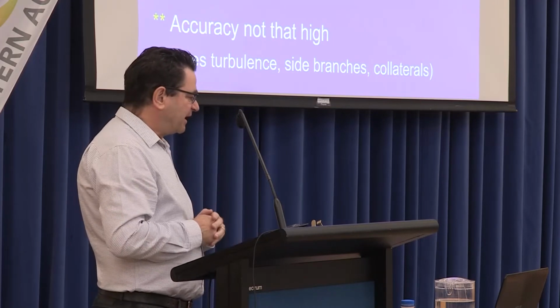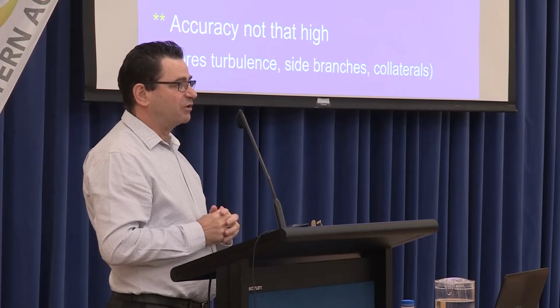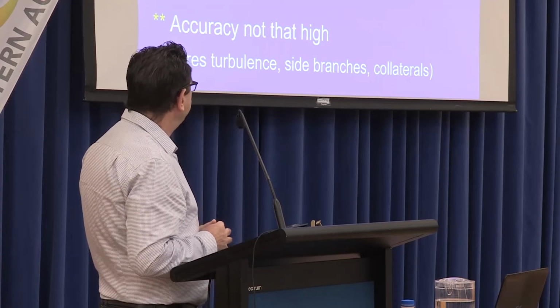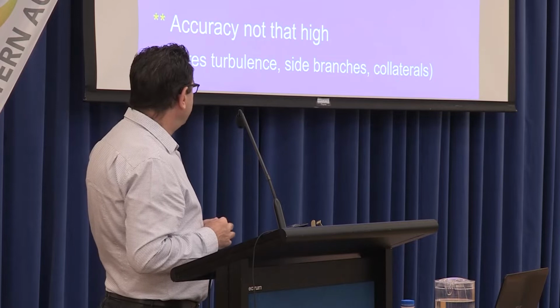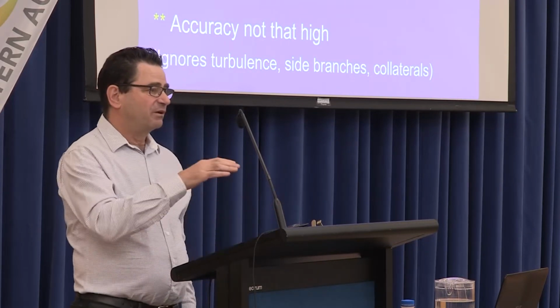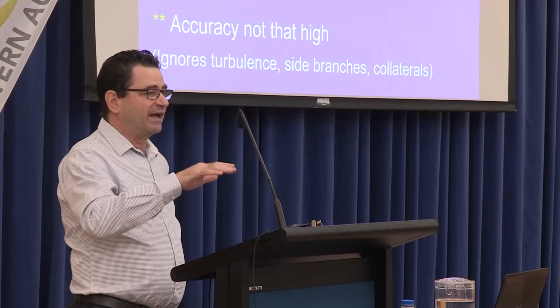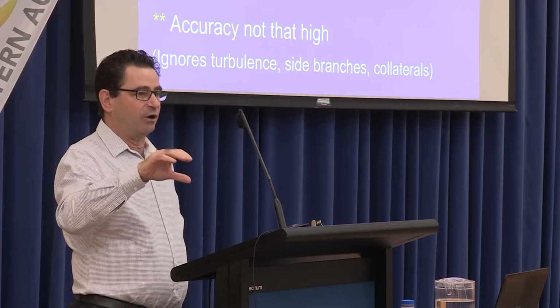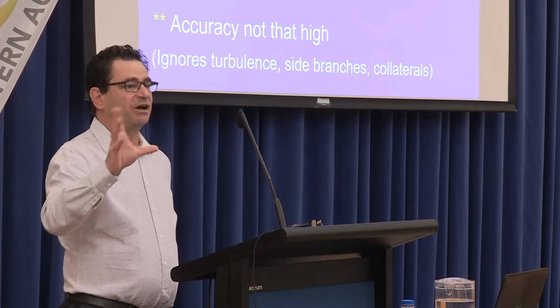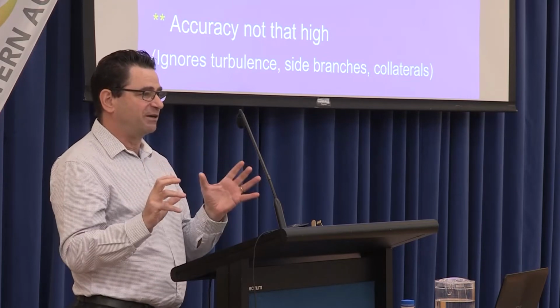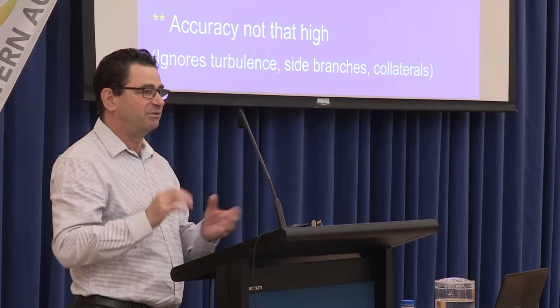And the other thing is that the accuracy is not that high. The reason I've put the asterisks there is that the principle of flow equaling area times velocity is largely correct for laminar flow in a straight vessel with no side branches. However, with a bit of atheroma, there's turbulence, there's acceleration, there's side branches.